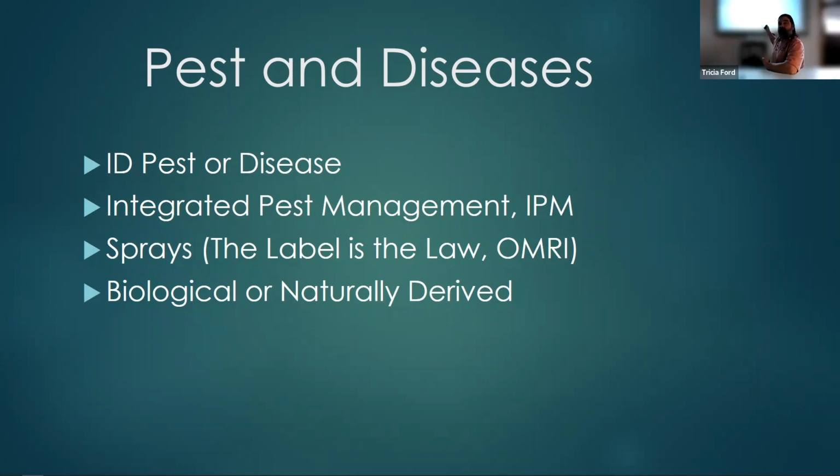Also, naturally derived could mean oils, like horticultural oil, something we spray on plants, particularly fruit trees, to smother the insects and to kill overwintering spores of diseases. We spray it on a fruit tree before the bud breaks because the oil can harm the flower. So we want to do it just before bud break, before the insects have had time to start to respire, and then you suffocate them and they die.